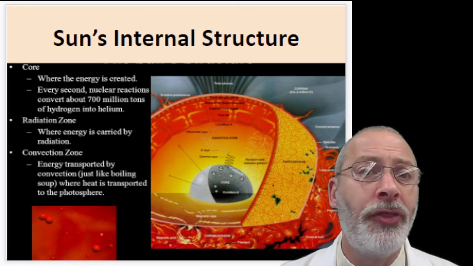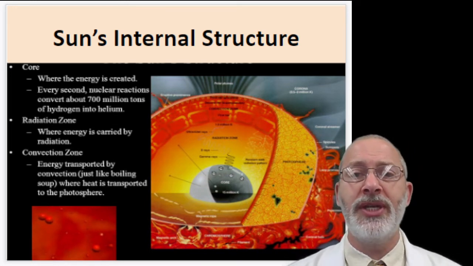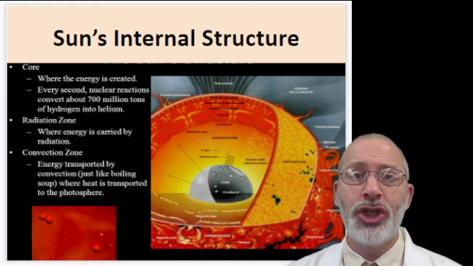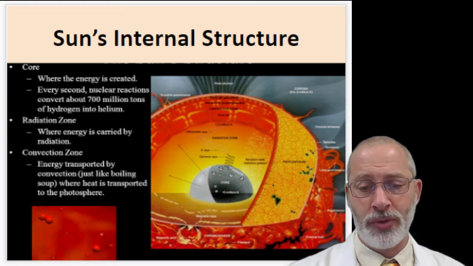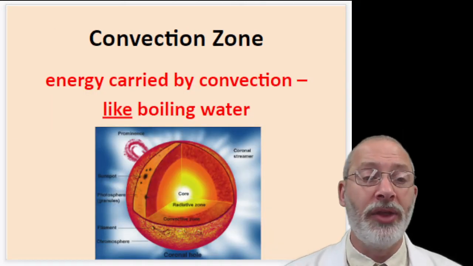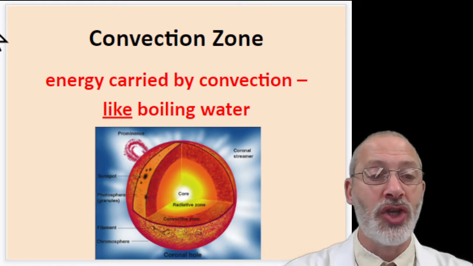And there are three portions to the sun's internal structure: the core at the very center, the radiation zone, and the convection zone. So let's talk about each of these three, beginning with the convection zone.